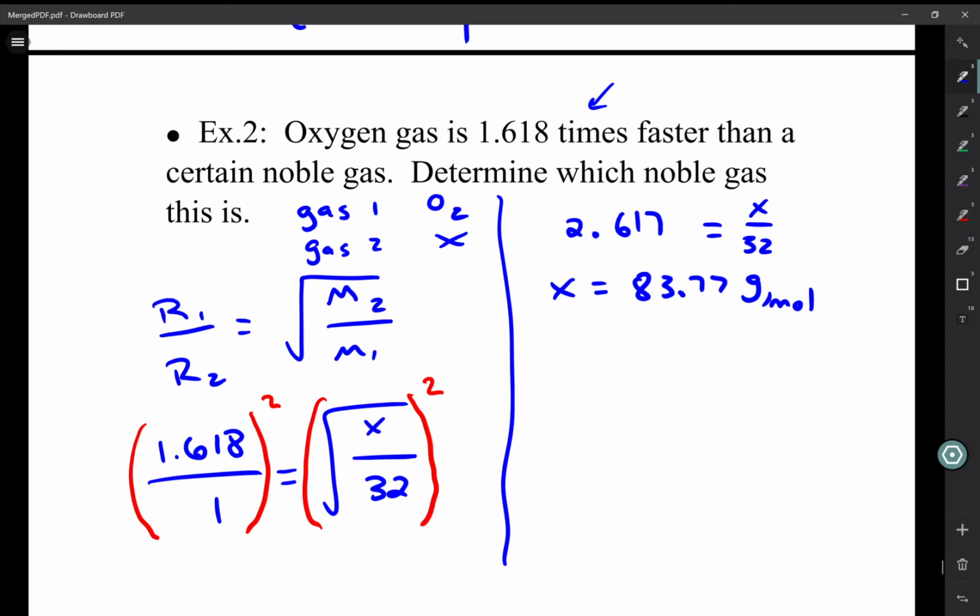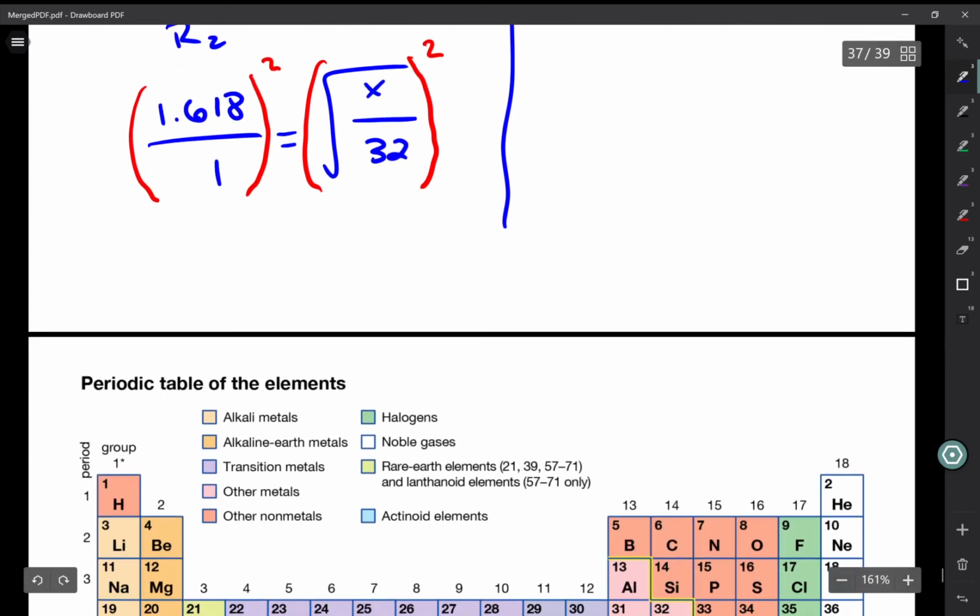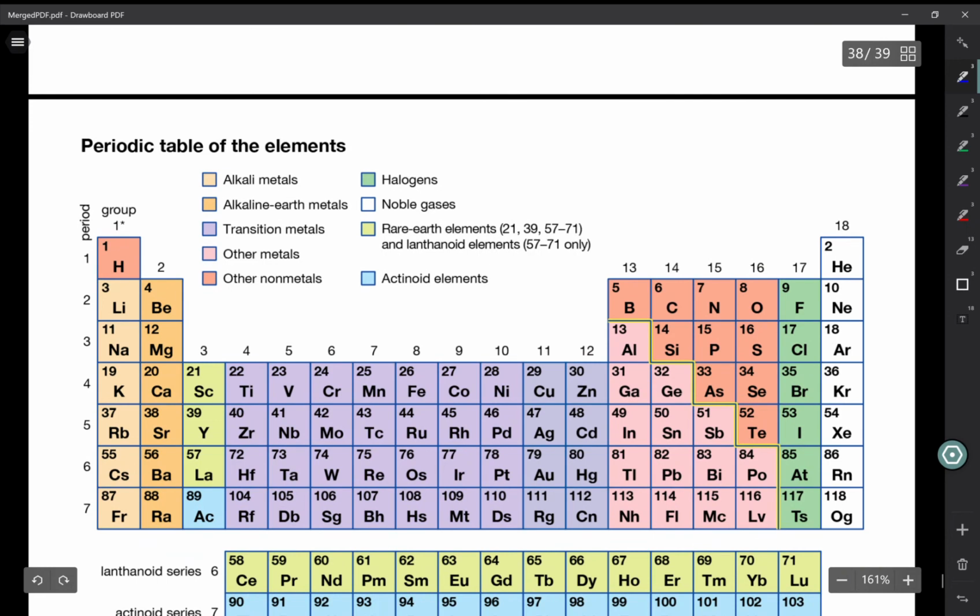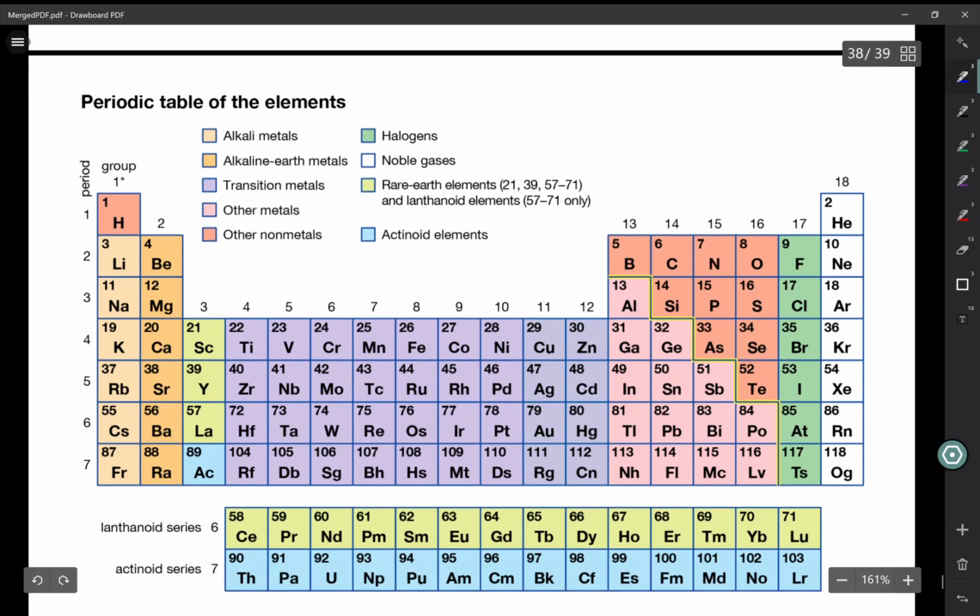Now I've got to figure out what type of atom this is. It is a noble gas. So let's look at our periodic table here. I don't have any molar masses here. If you look at the periodic table, krypton has a molar mass of 83.8 grams per mole.